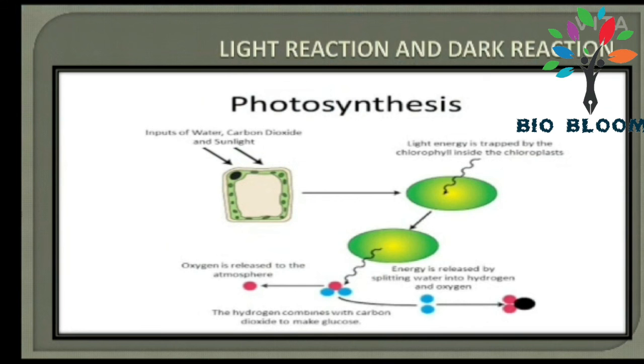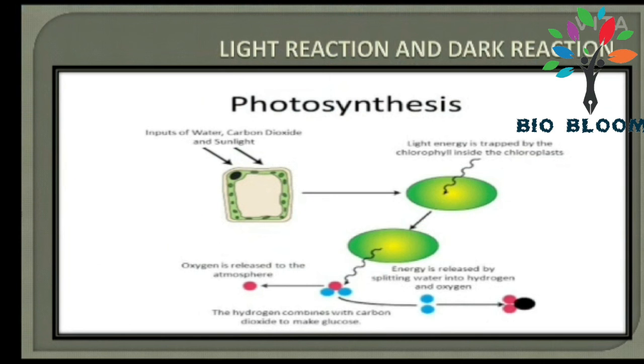Here see the cell. Inside the cell a big vacuole is present, which is a distinct feature in the plant cell, and around this vacuole you can see a number of chloroplasts. There is input of water, carbon dioxide and sunlight into the cell, where the chloroplast traps the light energy.